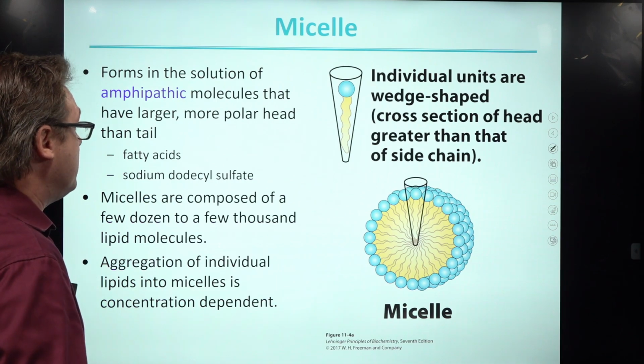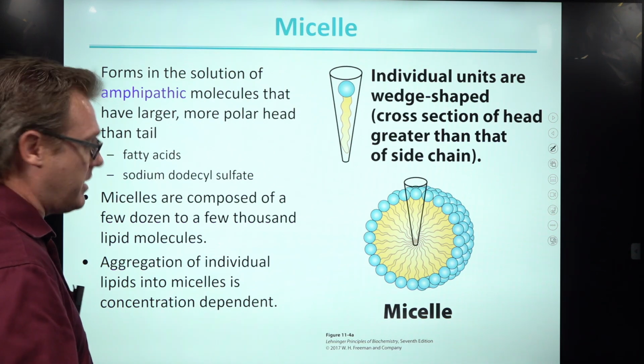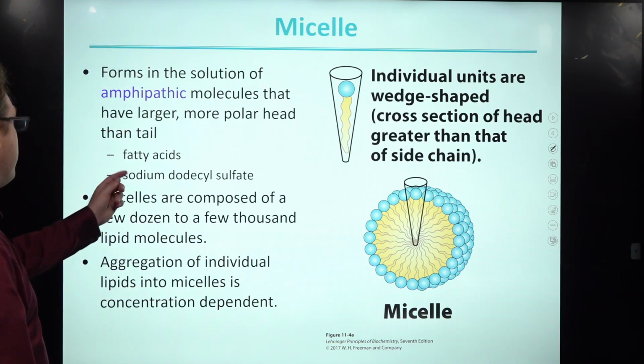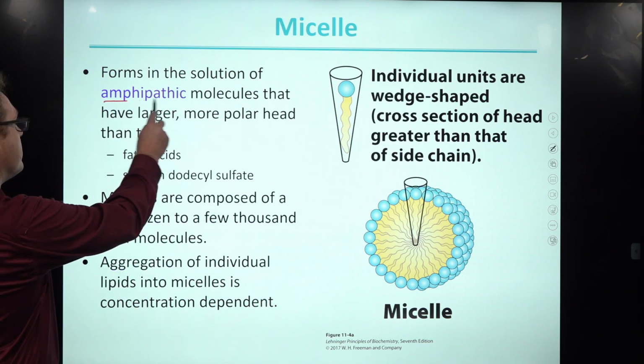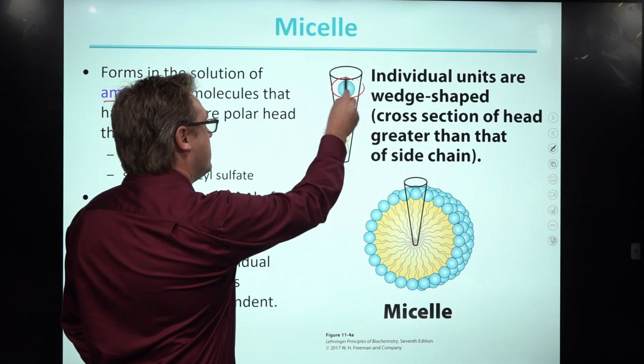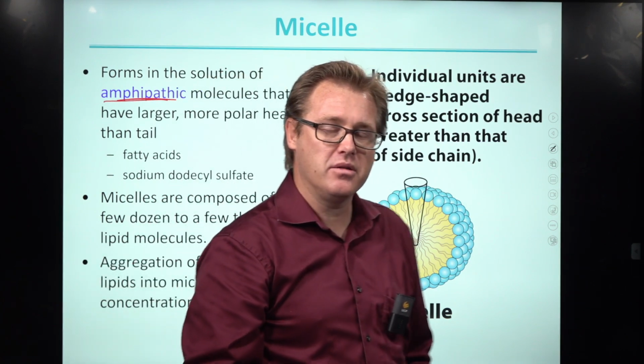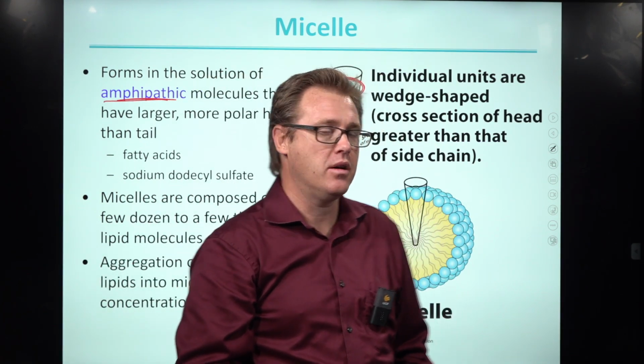if we look at a micelle, remember what this word right here, amphipathic, means? That means that we have a polar head or a hydrophilic part of the molecule, something that loves to interact with water.